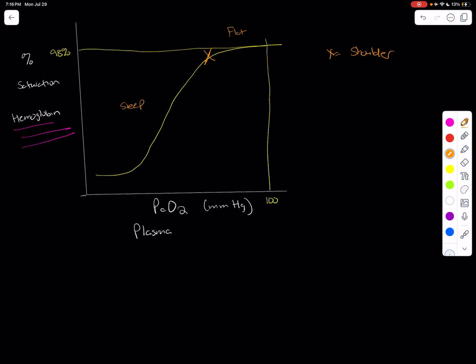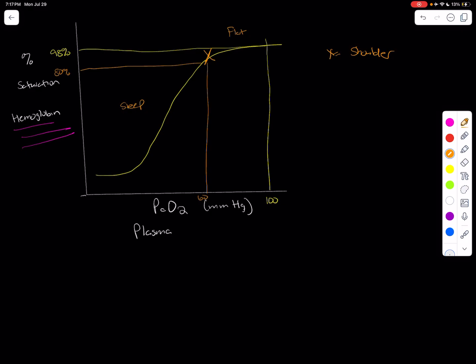As long as we are on this flat part, basically to the right of the shoulder, having a partial pressure that's greater than about 60, life is good, okay? I know this is not drawn to scale, so we're just going to pretend, but say that this right here is 60, and this right here is about 80%. Obviously, terrible scale, but hopefully you get the idea.